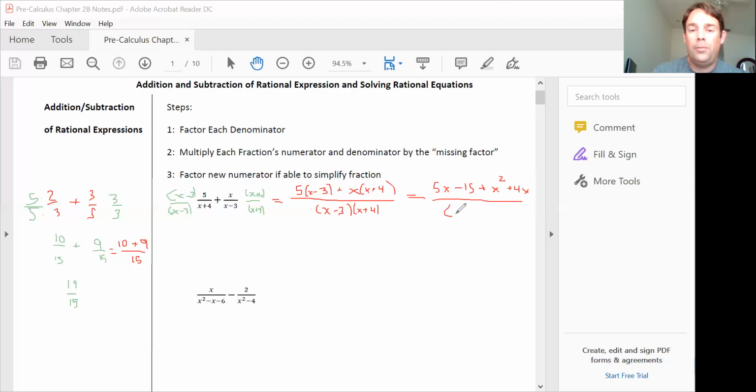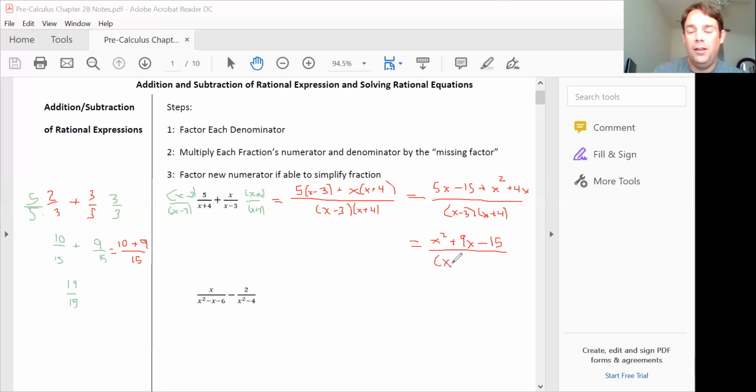So we're just cleaning up that numerator a little bit. And when I combine my like terms, I get x squared plus 9x minus 15 all over x minus 3, x plus 4.